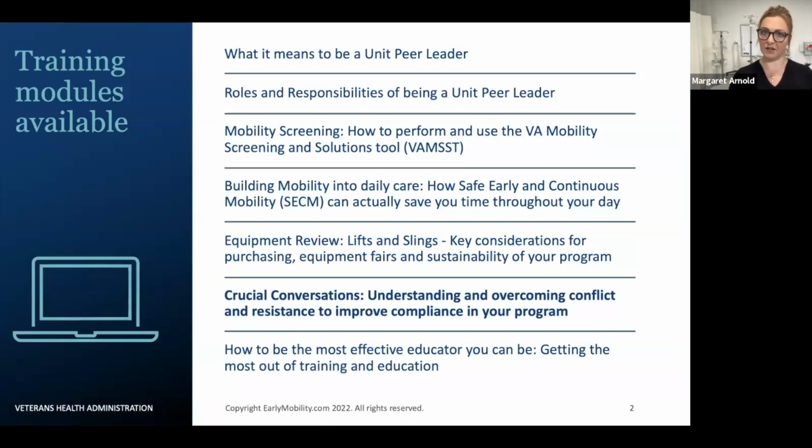The modules include what it means to be a unit peer leader, roles and responsibilities of being a unit peer leader, mobility screening, how to perform and use the VA Mobility Screening and Solutions Tool, or the VA MSST, building mobility into daily care, how safe, early, and continuous mobility, or SECM, can actually save you time throughout your day, equipment review, lifts and slings, key considerations for purchasing, equipment fares, and sustainability of your program, crucial conversations, understanding and overcoming conflict and resistance to improve compliance in your program, and how to be the most effective educator that you can be, getting the most out of training and education.